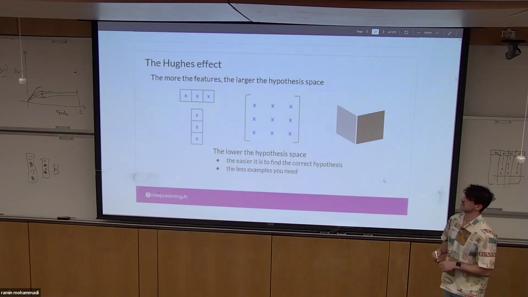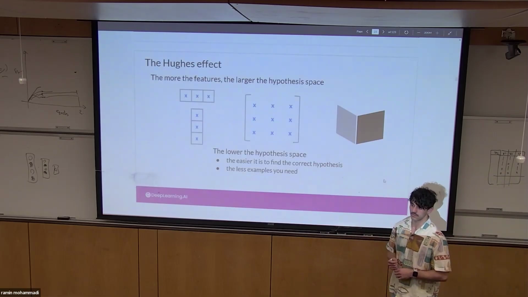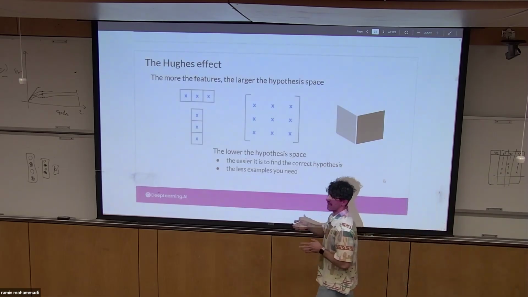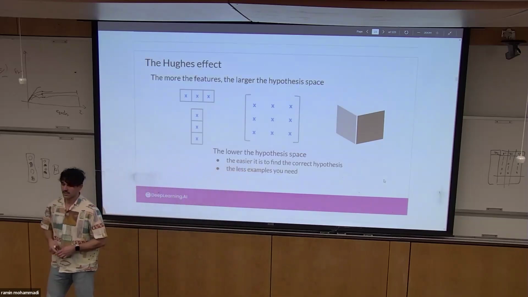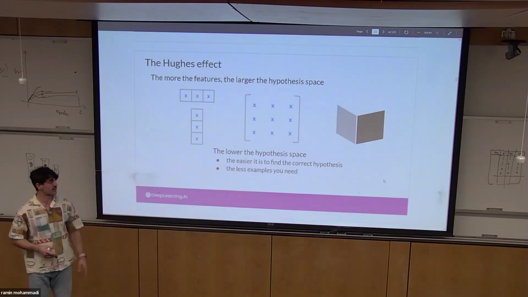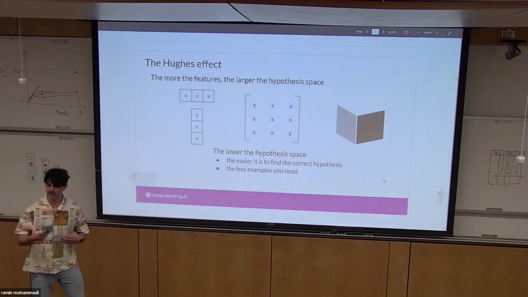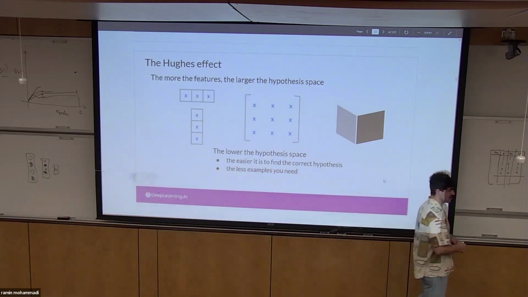The Hughes effect says that the more features, the larger the hypothesis space, no matter the algorithm. Irrespective of the type of model you're designing, the more features you have, the larger the hyperspace, and the slower the model gets, or the harder it is for the model to converge or learn.